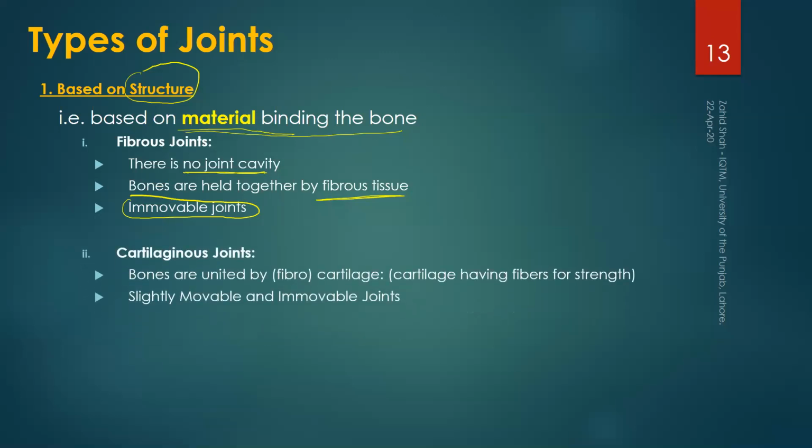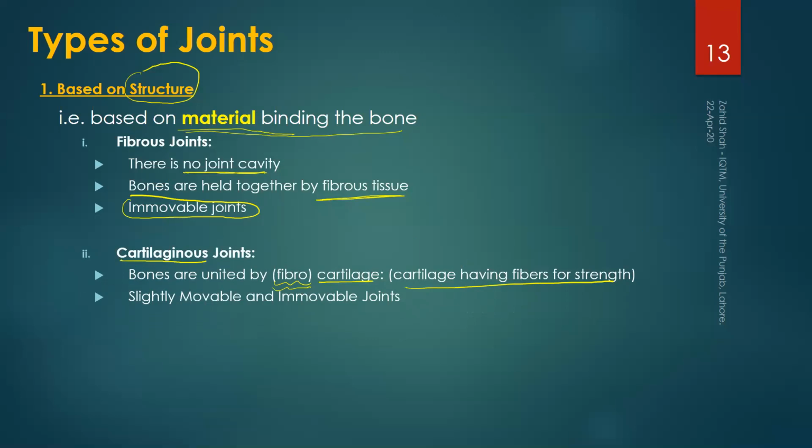The second type of joints with respect to structure is cartilaginous joints. Cartilaginous means they have something to do with cartilage. Bones are united by cartilage, generally fibrocartilage. And fibrocartilage is cartilage having fibers for strength, as we saw in the previous segment.